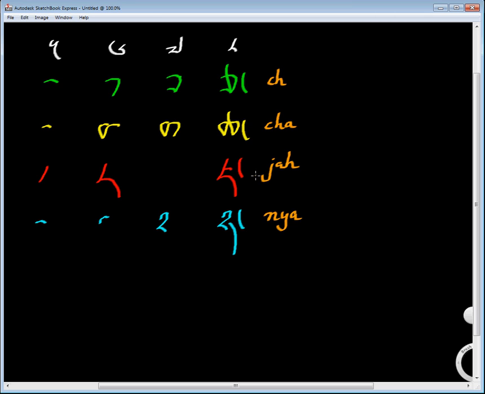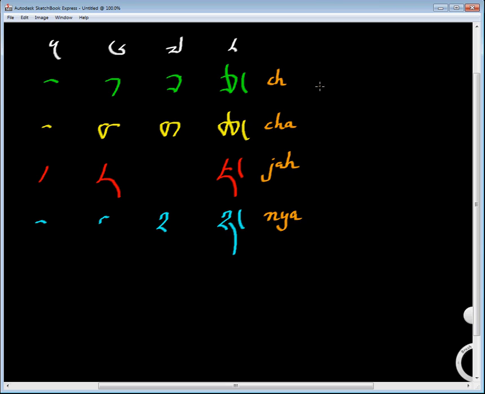So that's pretty close. And then nya, the closest in English, I don't know, maybe in Spanish, when people say mañana for tomorrow, I'm not too sure, but I've heard people say mañana. When you say mañana, that's the nya sound.